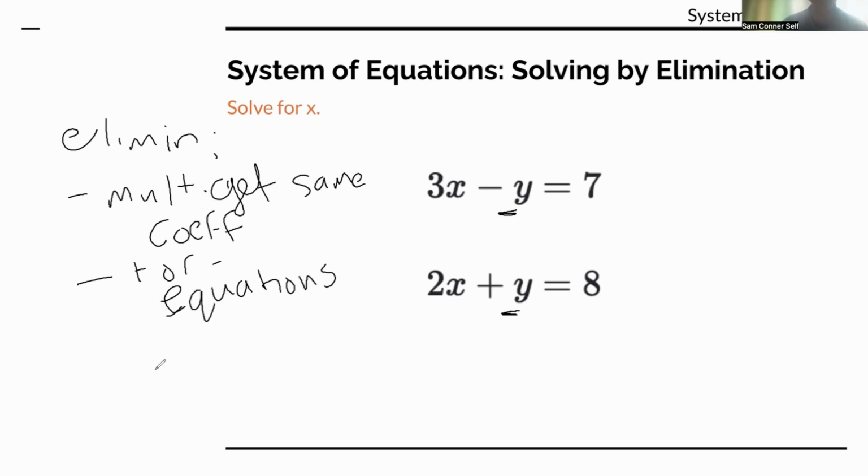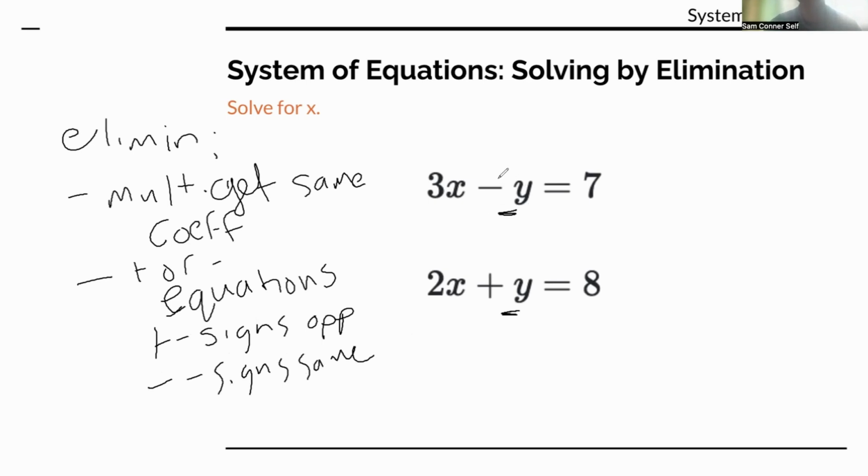You can use either method for any set of equations that they give you. What's going to make it the easiest is if you know that you add when the signs are opposite on the coefficients that are the same between the two equations, and you subtract when the signs are the same.